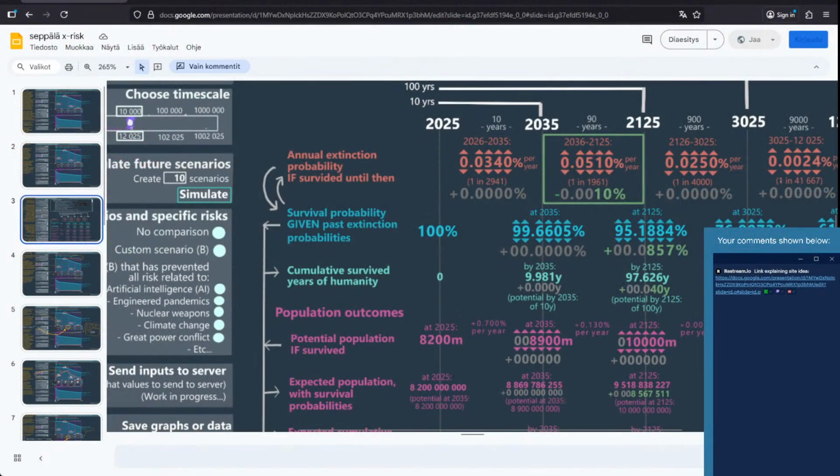You can change either the extinction probability or the survival probability, and if you change the extinction probability, it's going to affect the survival. If you change one, it will always overwrite the other one.